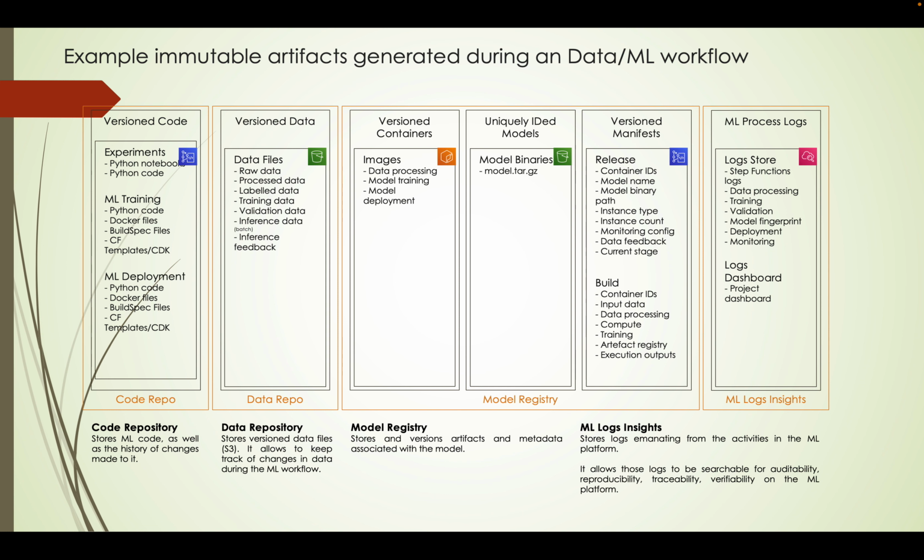It could be the raw data, processed data after performing the data transformation, or the inference data, which is the final output. Then in the model registry, you can have the containers, which you will register and do automated deployment. And last but not least, you want to keep the logs, insights and audit trail.